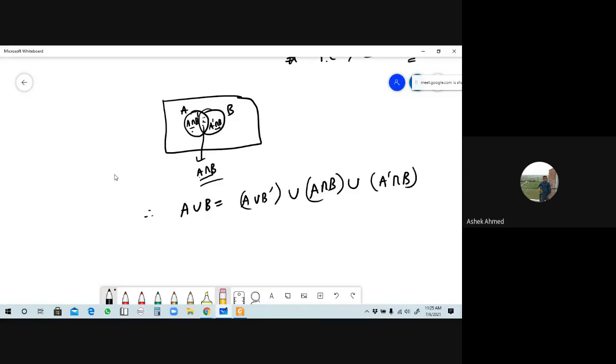Now, can you say whether these three sets are disjoint or not? No, sir, they are disjoint. Why? If you take the intersection between this region and this region, it will be the empty set.